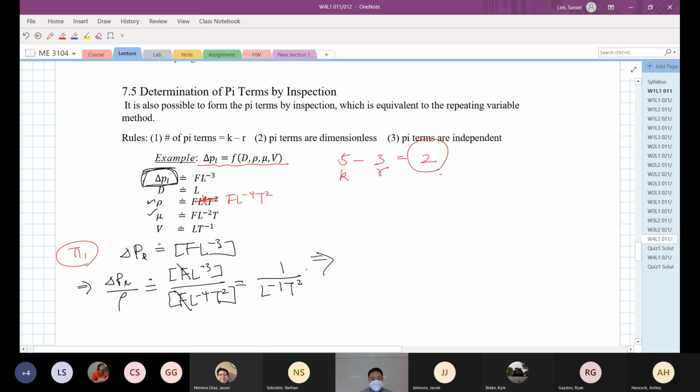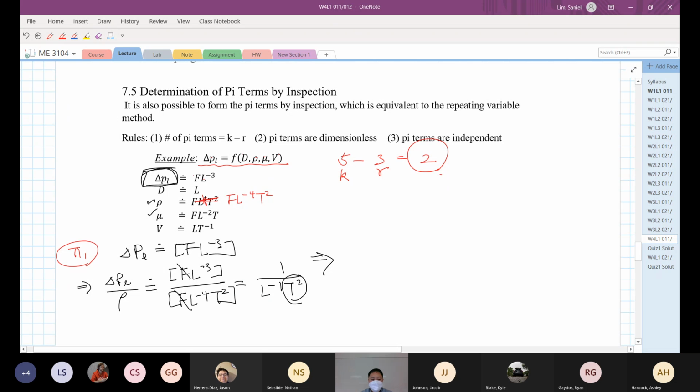What you're going to do is find the L and T and see if I can eliminate one of them. I'm going to eliminate the T first because there's no T-only variable. So I'm going to remove the T squared underneath there.